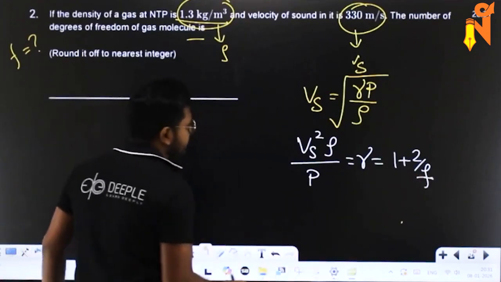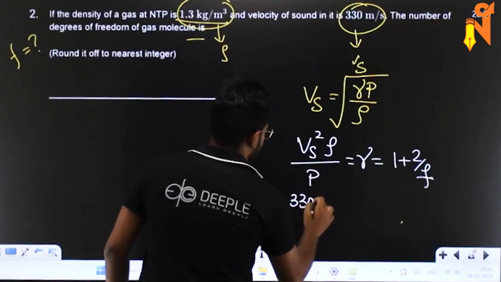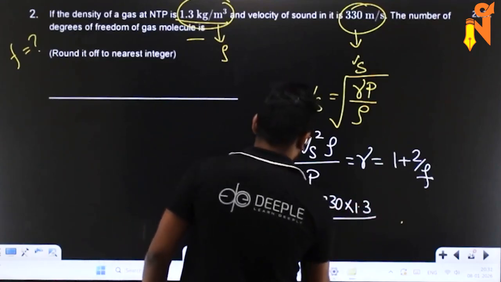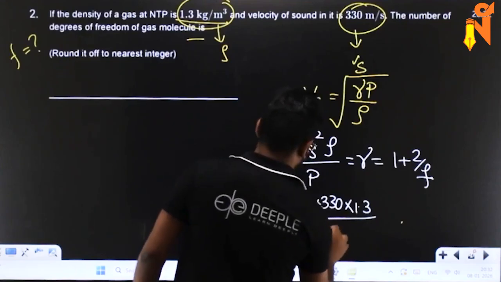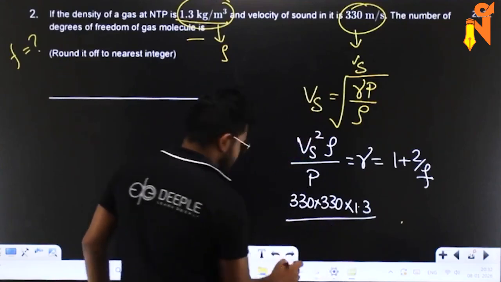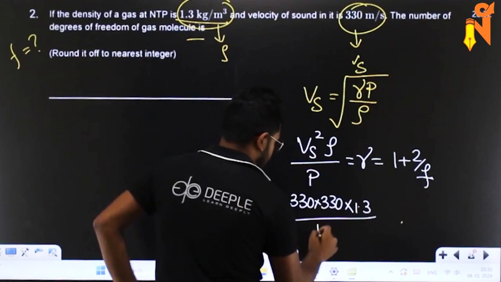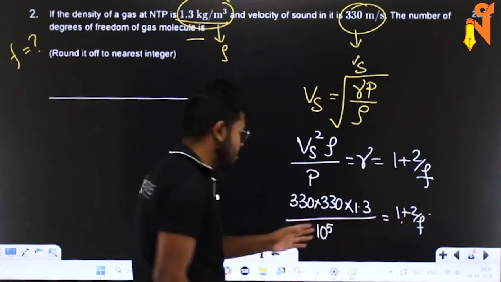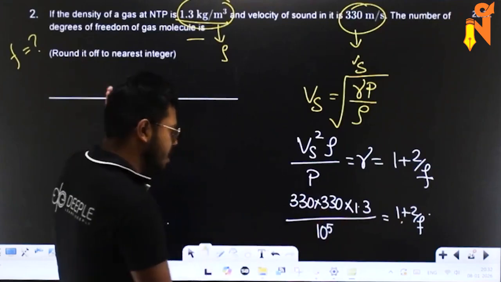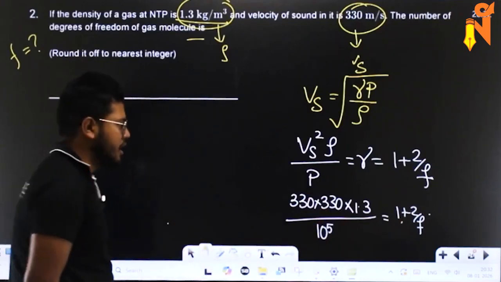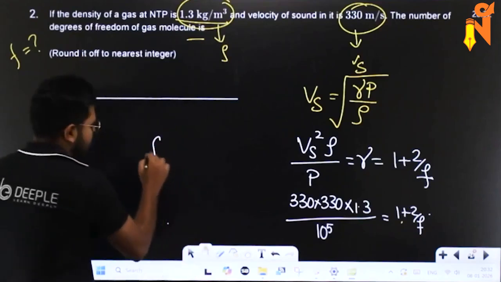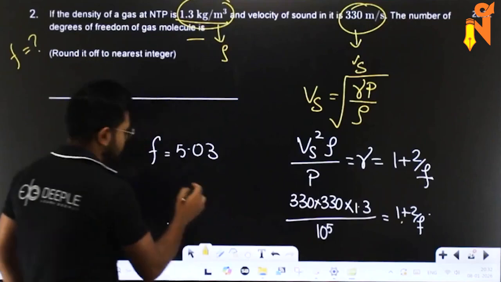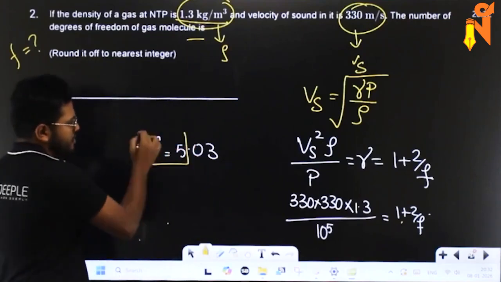Vs means 330 into 330 into 1.3 divided by 1 atm, so 10 to the power 5, and then 1 plus 2 by f. 1.013 if you want to put here for more accuracy, you can do so. And f will come out to be somewhat like 5.03. I hate this calculation, so I did it beforehand. So for the nearest integer, I can pick f equal to 5.